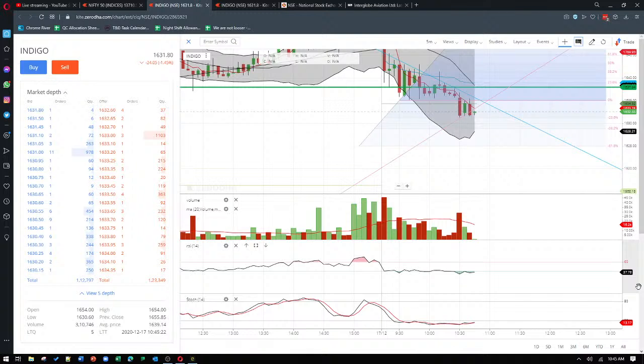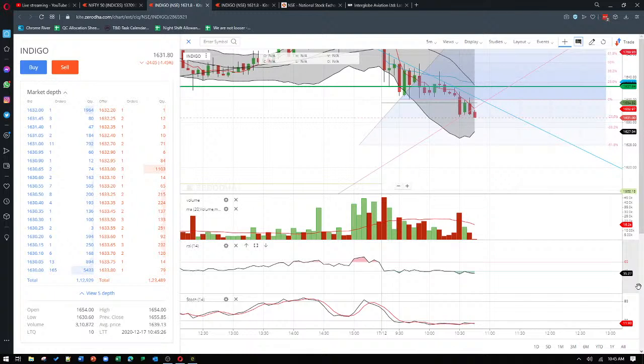You see the volume at 1631, it's high, and 1630 again high. It's kind of framing the same pattern. Suddenly someone is interested to buy more. See again, this candle is reacting from that 23.6 Fibonacci level.